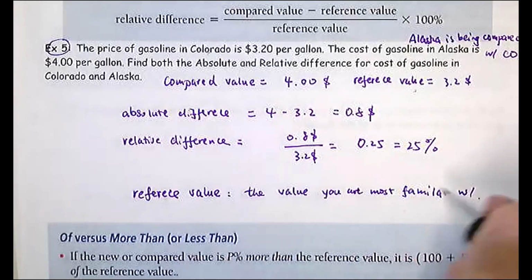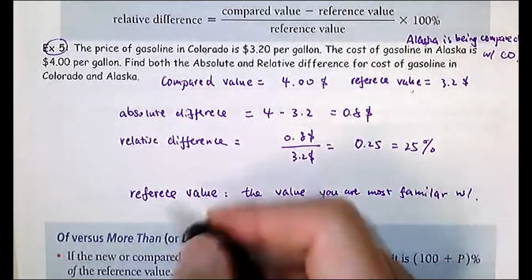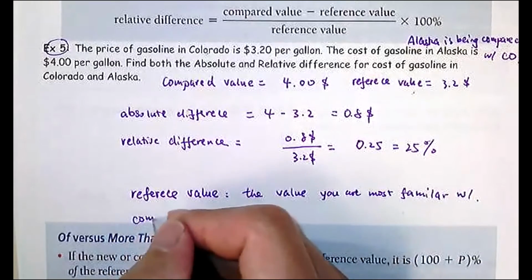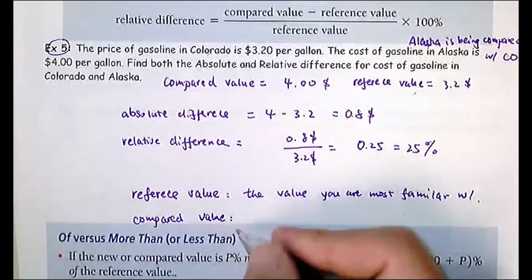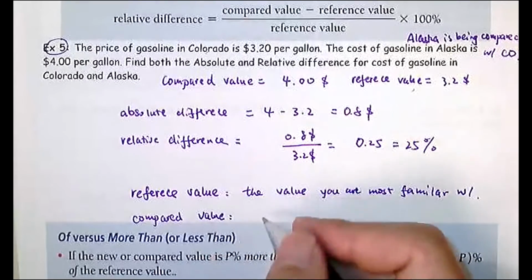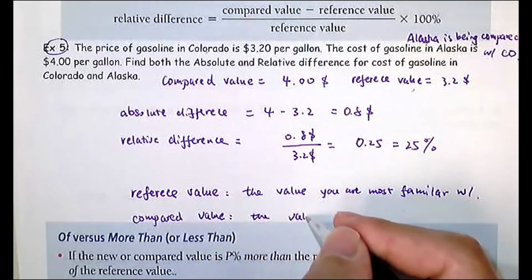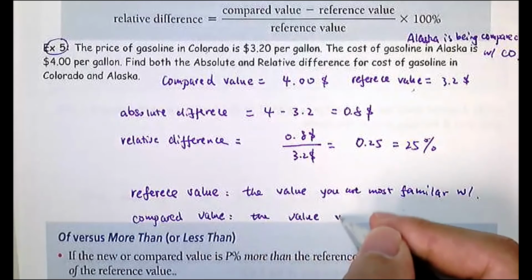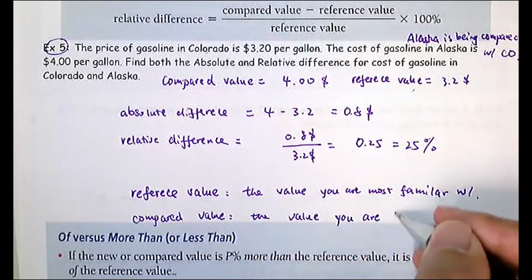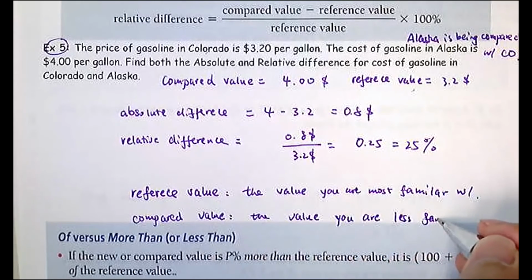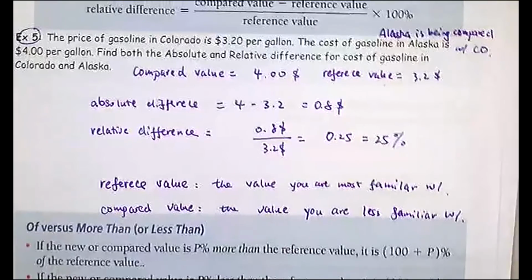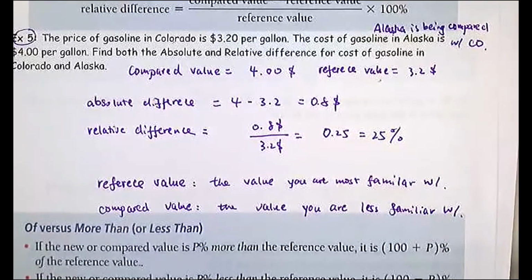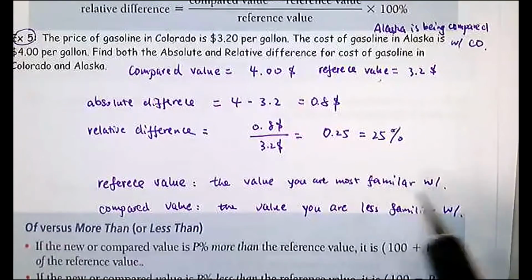So let's just write down our English understanding. Compared value: the value you are less familiar with. W slash is "with" in my shorthand notation. Okay. Does anyone have more questions on this one?